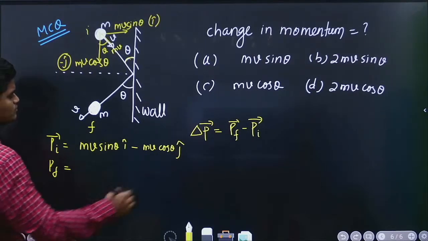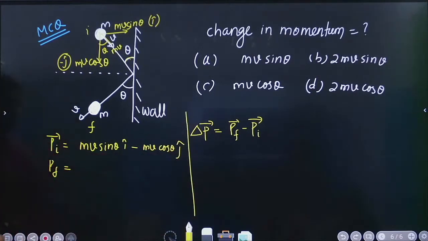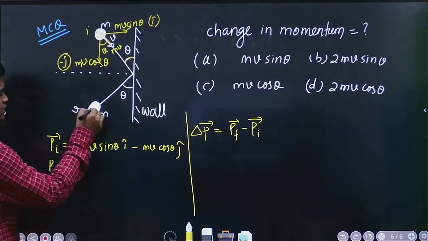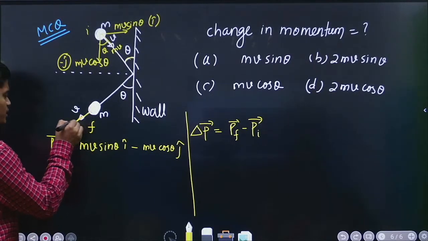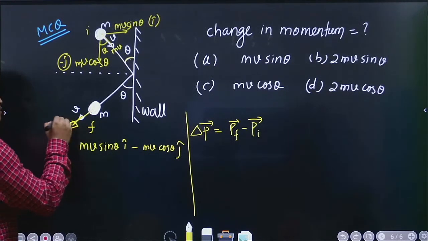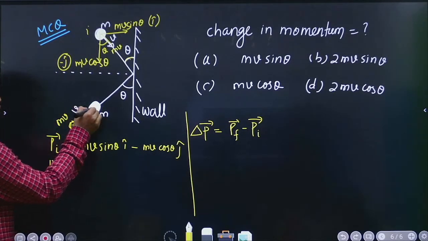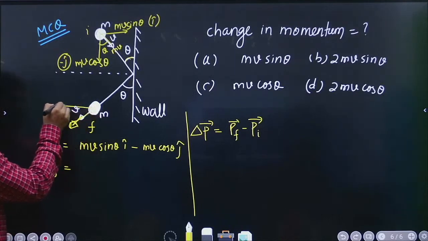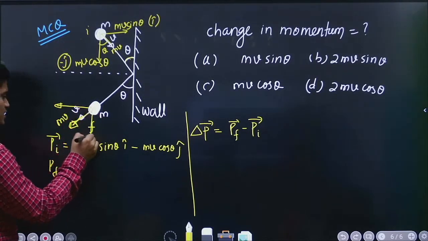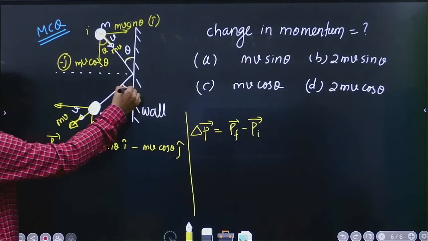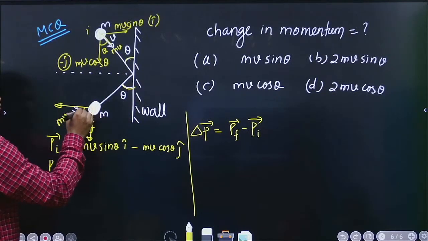Now for the final momentum, this is the final momentum, mass into velocity. Do two components here, one in this direction and one in this direction. If this angle is theta, then this angle is also theta.